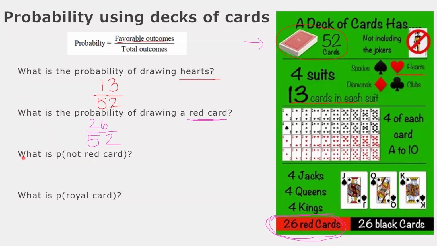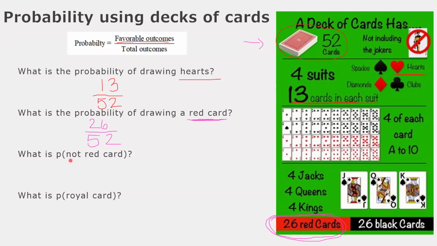So this is read as, what is the probability of not getting a red card. This is sometimes where it can be a little tricky. You've got to read it carefully, maybe even read it a couple times to make sure you're finding the right thing, because we want it to not be red. Well, in the case of cards here, we have red cards and black cards.